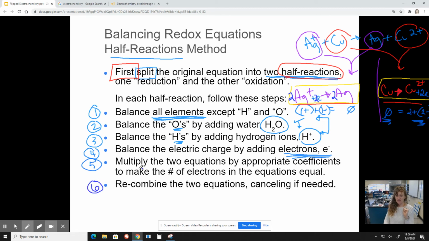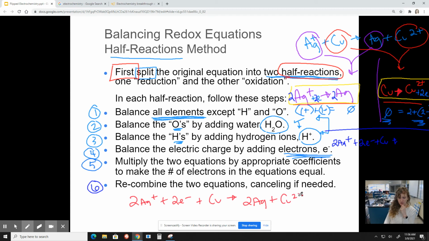I can recombine these two into a full equation. So 2 silver ions plus 2 electrons plus copper goes to 2 silver atoms plus the copper ion plus 2 electrons.